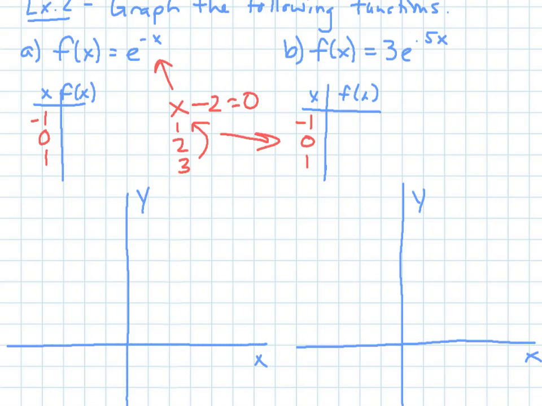Plugging in negative 1, so then that makes it positive 1, so that gives me 2.72. If I plug in 0, that gives me 1. If I plug in 1, it gives me e to the negative first, which is going to be 0.37.